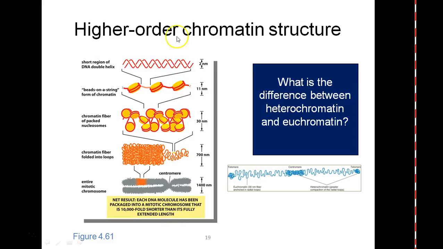So here on this figure, we could say that beads on the string represent a euchromatin fraction, and also the chromatin fiber can be classified as euchromatin. Versus here, those loops, domains, and of course the mitotic chromosomes represent a fraction of heterochromatin.